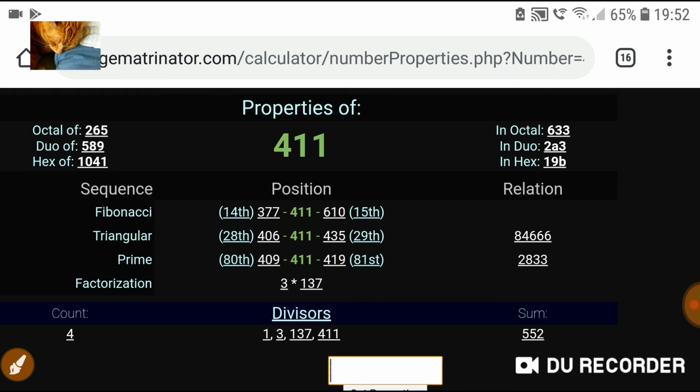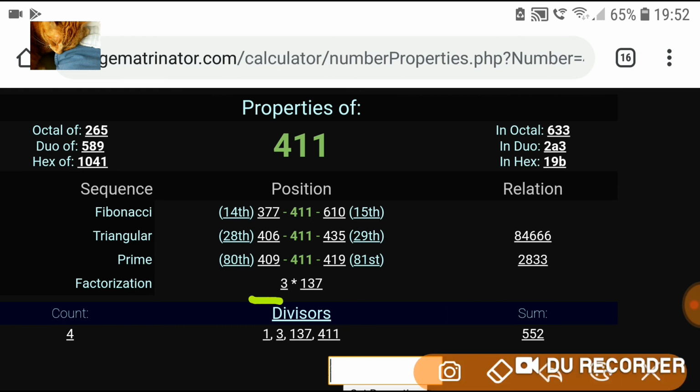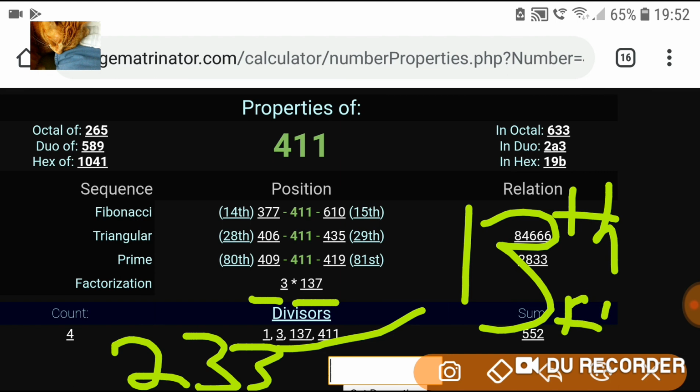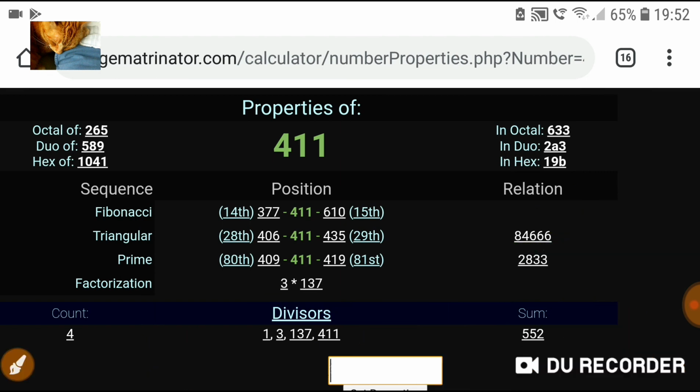We already established 3 is the second prime, so it becomes almost like a 233, because that's the 33rd. 233, linking us back to Master of Time, 13th Fibonacci number. See how that works for the 411.